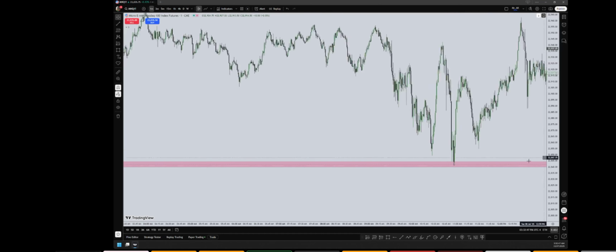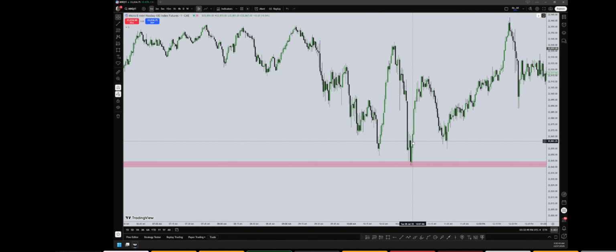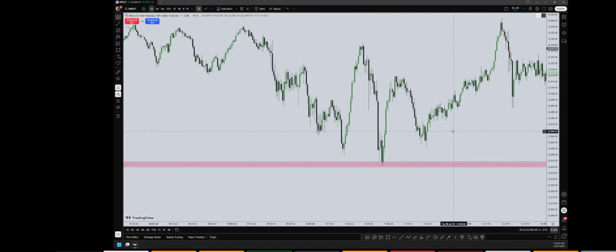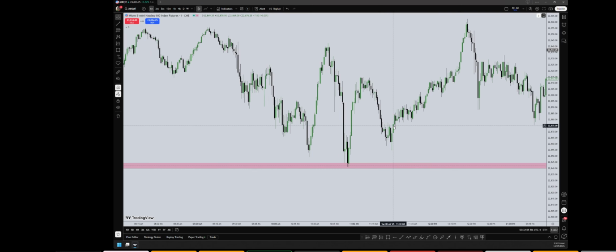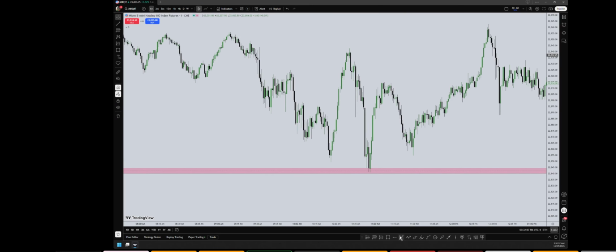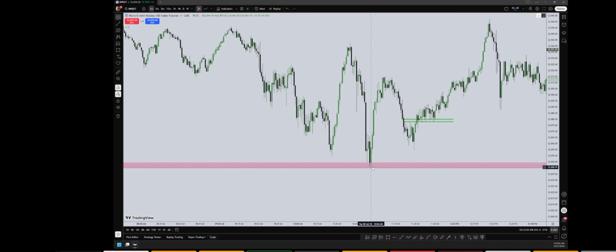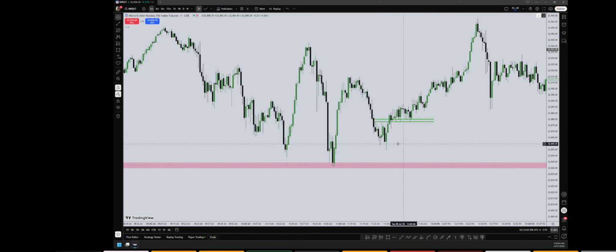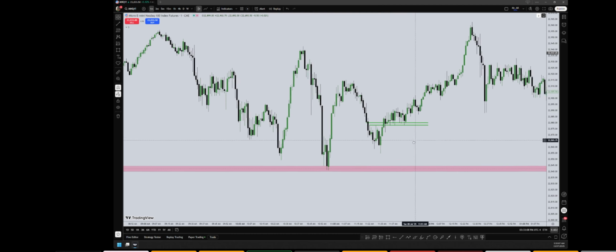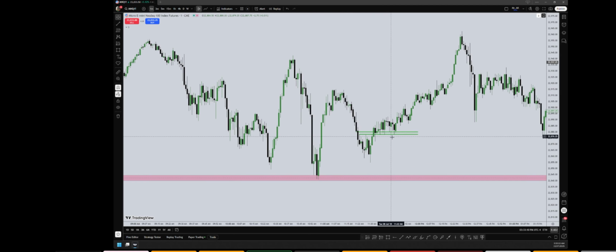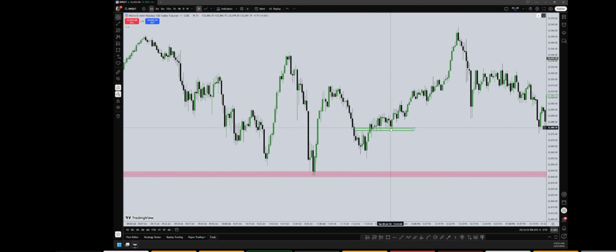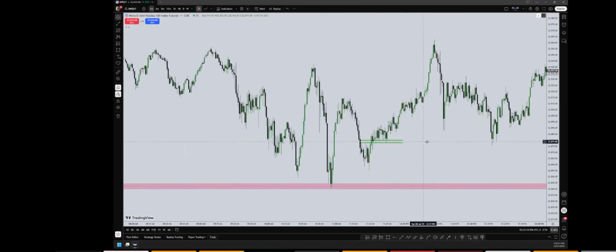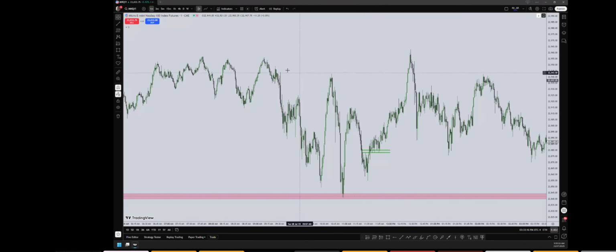If I'm not wrong, I showed some setup from these areas. I think this area. Yeah. I took this inversion fair value gap entry, but I was talking about how it started the initial move, how it traded back into that order block or that last fair value gap, and then this inversion entry was what I took in the giveaway stream.